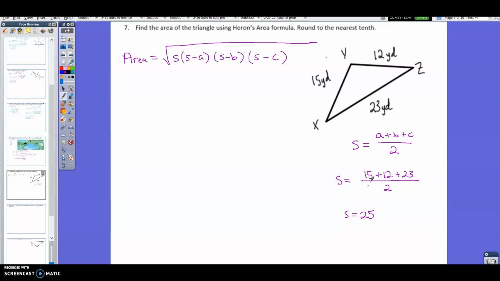So now that we have S, and it doesn't matter what we label these, we can just say A, B, C if you want. But we're going to plug everything into the formula. So our semi-perimeter is 25. So we have the semi-perimeter minus A, 25, and I labeled that as 12. 25 minus B, which is 23 in this case.